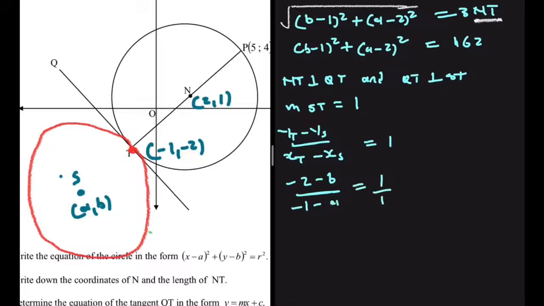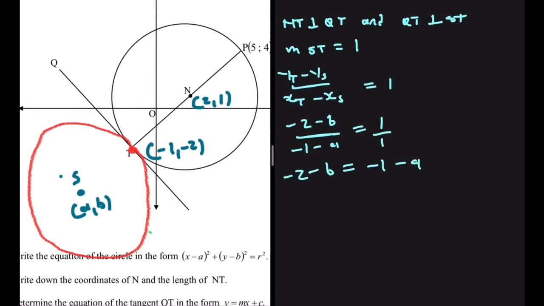So if we cross multiply, we're going to get minus 2 minus b is equals to minus 1 minus a. Let's make b the subject of the formula. If we do that, we're going to get minus b being equals to minus 1 plus 2, that is 1, and then minus a. We divide both sides by minus 1, we get b is equals to a minus 1.